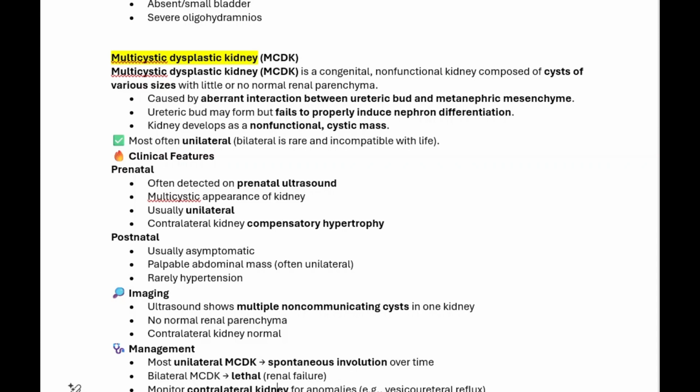Most often, this is unilateral. And like we mentioned earlier, if it's unilateral, those patients are most of the time asymptomatic. But if it's bilateral, then this could create a problem for the patient. The patient could develop things like oligohydramnios, which could also lead to what? Potter sequence.